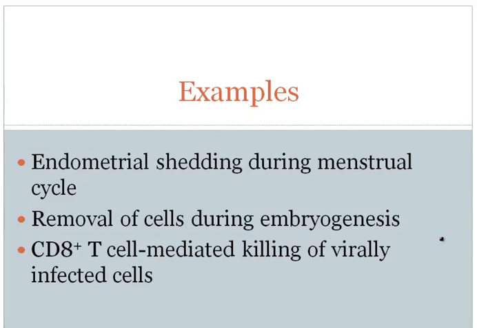Once MHC class I expresses these viral proteins, they will be recognized by CD8 positive T cells, and the means by which CD8 positive T cells kill virally infected cells is actually apoptosis. So that becomes relatively high yield.